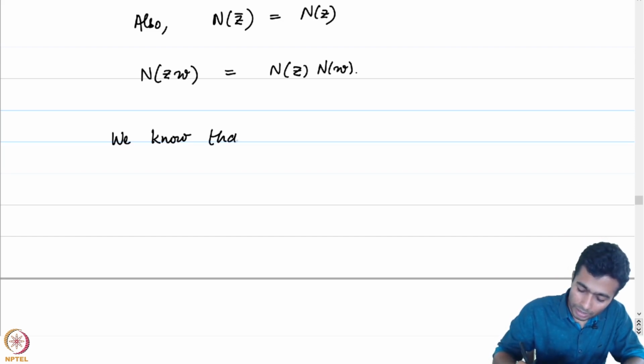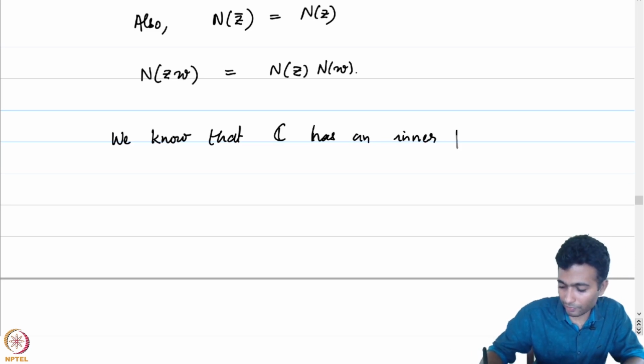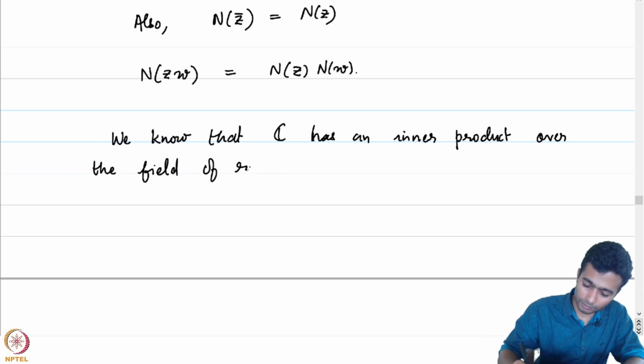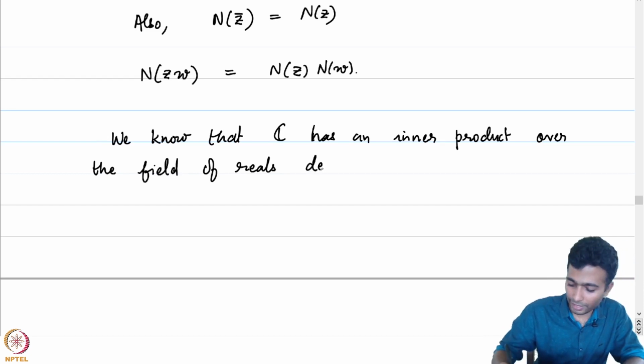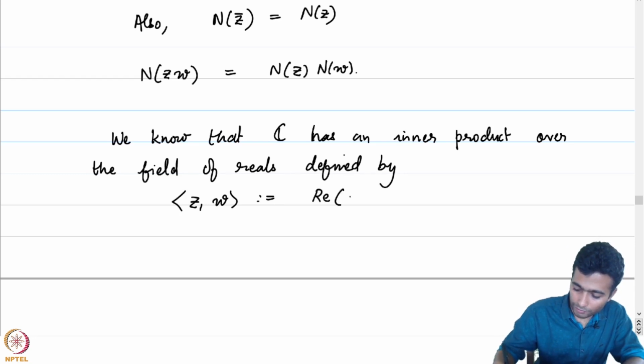We know that C has an inner product, a real inner product. Maybe I should write it down very carefully. Inner product over the field of reals defined by inner product of z comma w. This is defined to be the real part of z w bar.